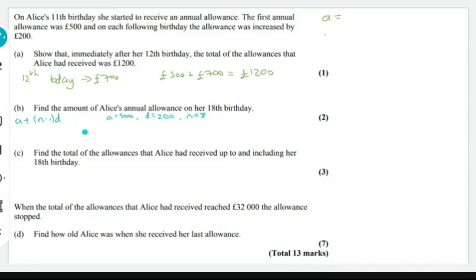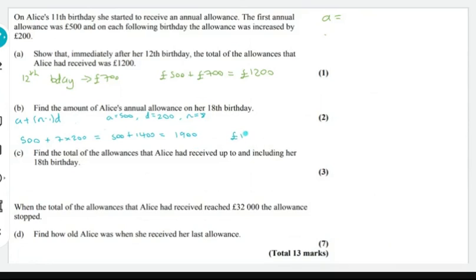So we have 500 plus 8 minus 1, which is 7, multiplied by 200, which equals 500 plus 1,400, which equals 1,900.